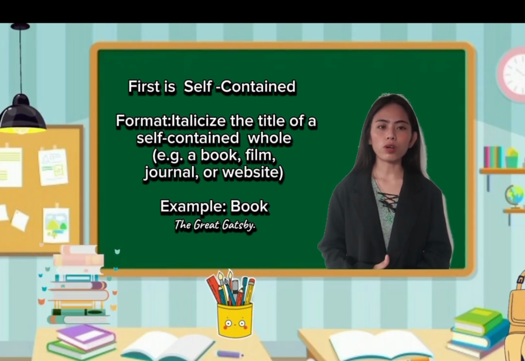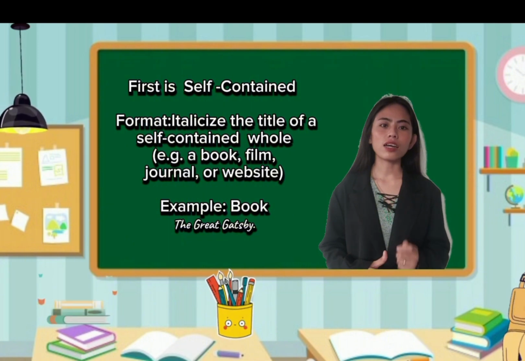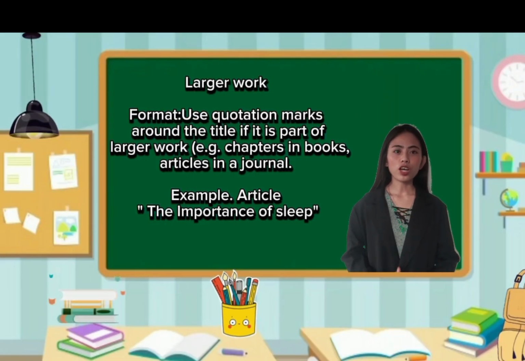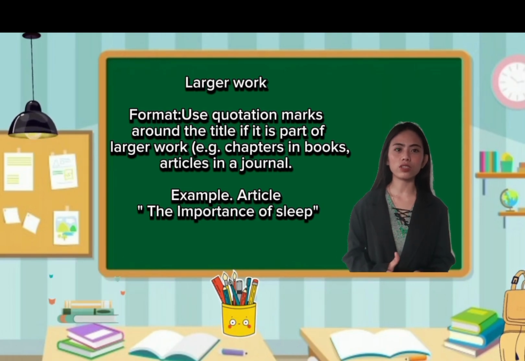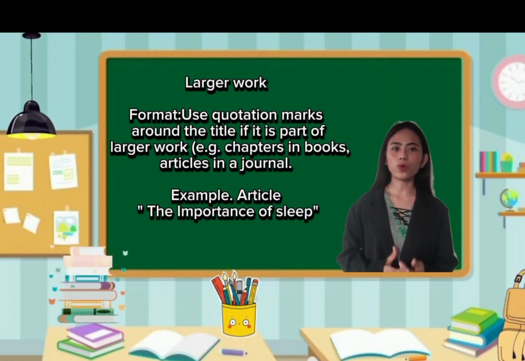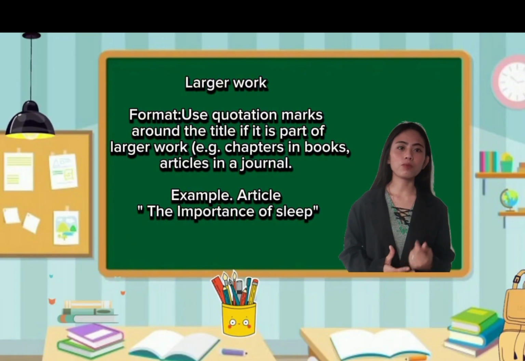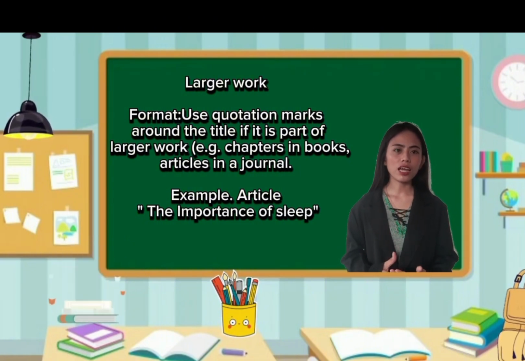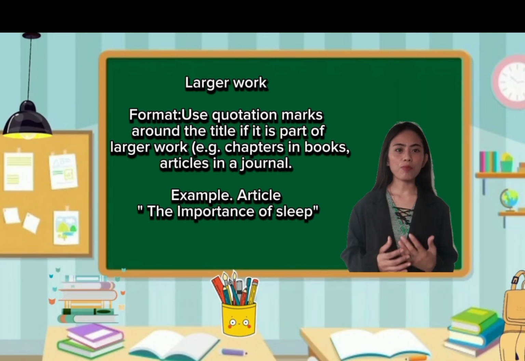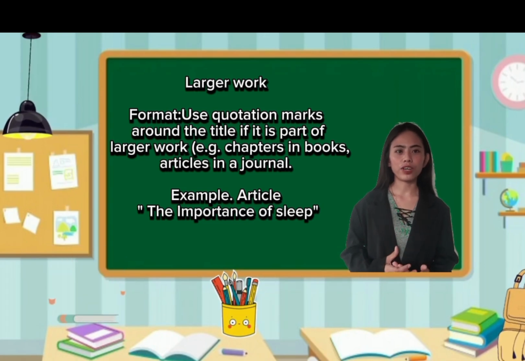Example, the book The Great Gatsby. Second is larger work. The format of a larger work is to use quotation marks around the title if it is part of a larger work, like chapters in books or articles in a journal. Example, in an article, quotation mark, The Importance of Sleep, quotation mark.